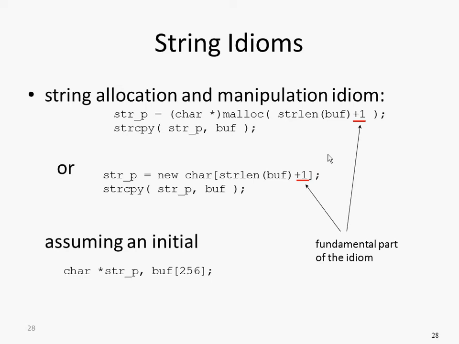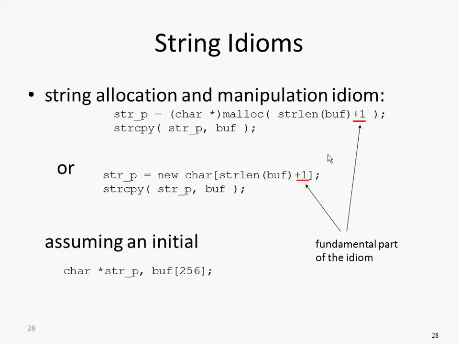So here we have a string, and what will strlen return for the string? 4. This is what strlen will tell us is the length of the string. How many things do we actually have to allocate to copy the string into, say? 5.